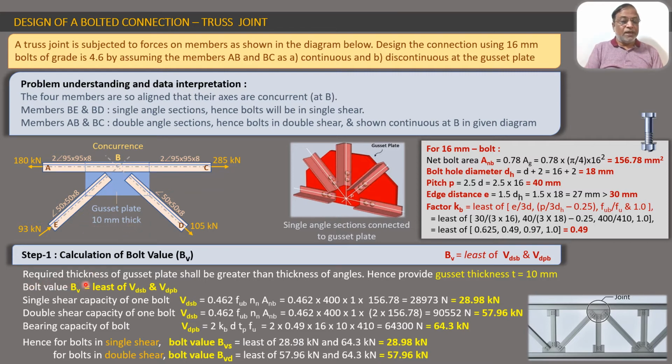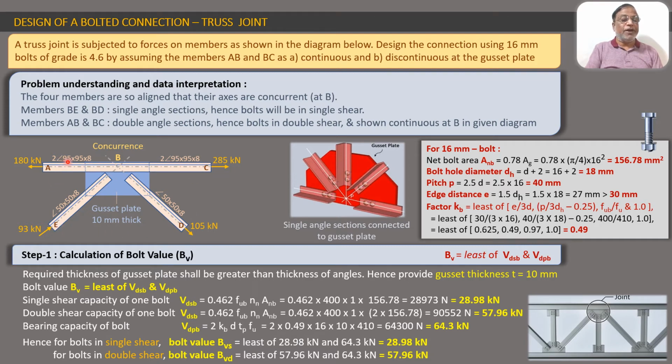So the required thickness of gusset plate shall be greater than the thickness of angles. The IS 800 2007 imposes only one condition about the thickness of gusset plate. That condition is that the thickness of gusset plate should be greater than the thickness of all the angles. So if we see here, all the angles are 8 mm thick.